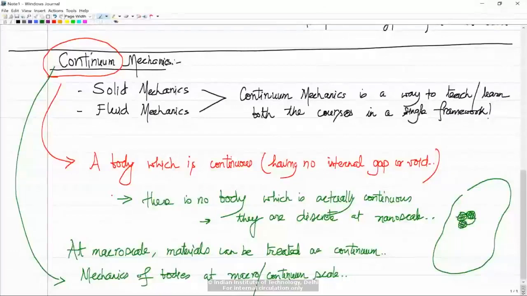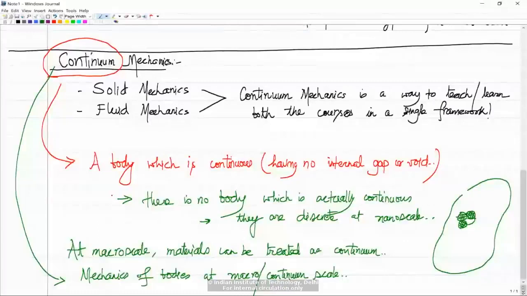But at macro scale, those things are not visible, and the material can be treated as being uniform. There is no grain, it's all uniform. So that's why we say it's the mechanics of bodies at the macro or continuum scale.